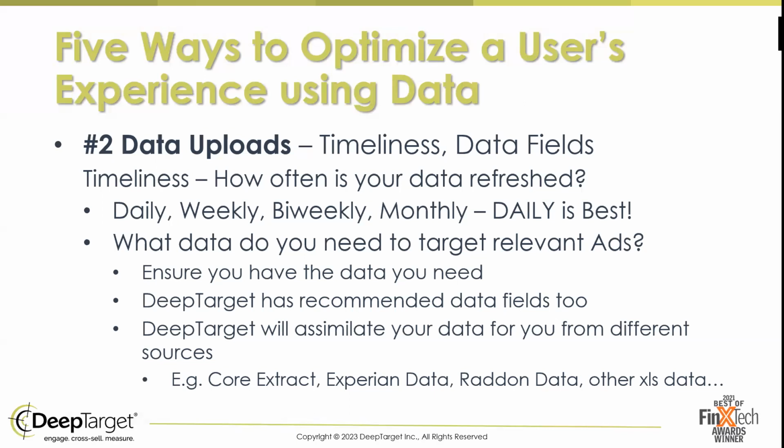All you have to do is augment the files that you send to us. You can change the ones you have sent to us, or you can supplement with an extra file or two, and DeepTarget will assimilate all that information and put it in our database so we can use that information.